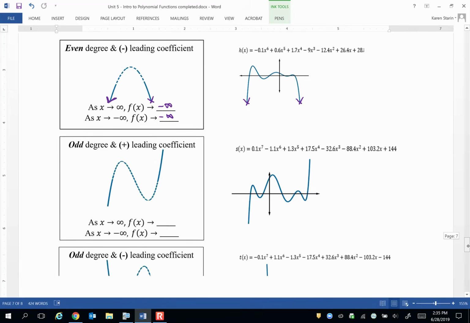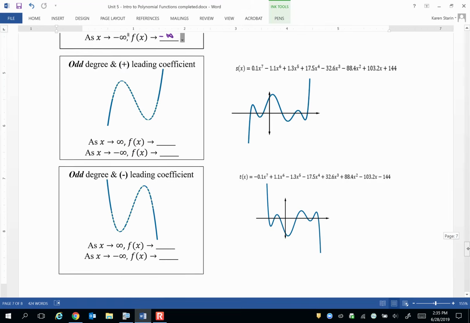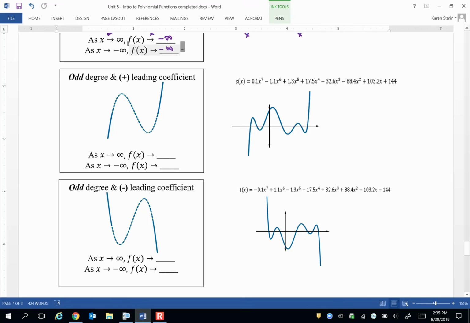Now let's look at odd degree options. We have an odd degree with a positive leading coefficient. So as x approaches positive infinity, f of x will also approach positive infinity. So the right end goes upwards.